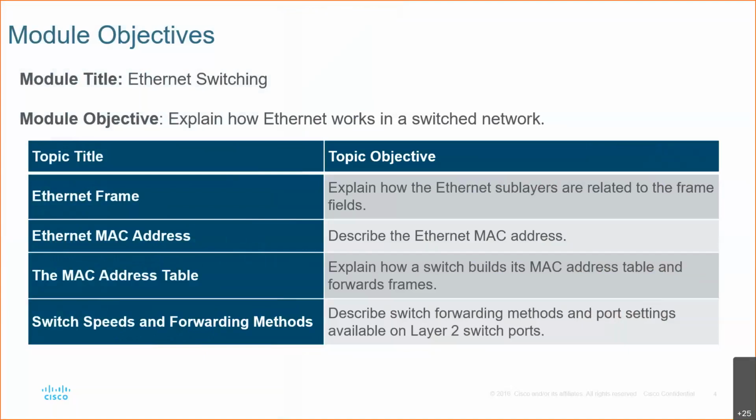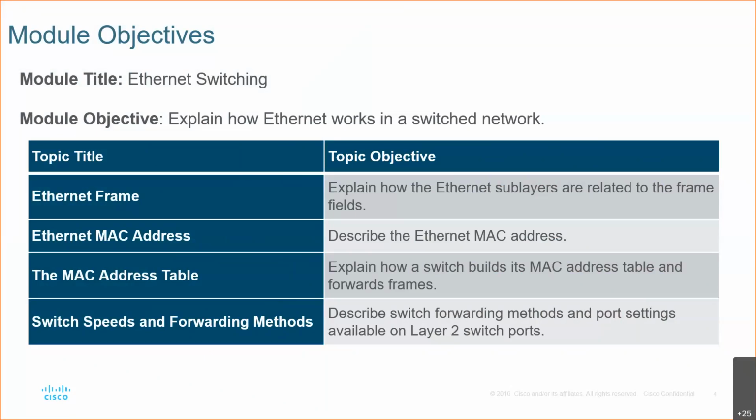We'll be looking at what the Ethernet frame looks like, what are the different fields and layers, what is the Ethernet MAC address, MAC as in the NIC hard-coded address.